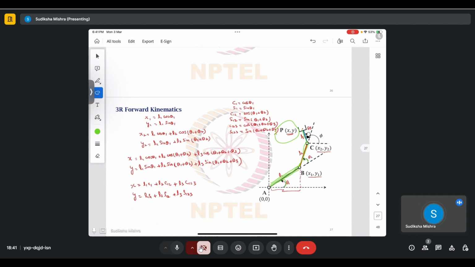You can predefine these terms. C1 is cos theta 1, S1 is sin theta 1, C12 is cos of theta 1 plus theta 2, S12 is sin of theta 1 plus theta 2, and similarly C123 and S123. Now x1 becomes L1 cos theta 1 and y1 becomes L1 sin theta 1.